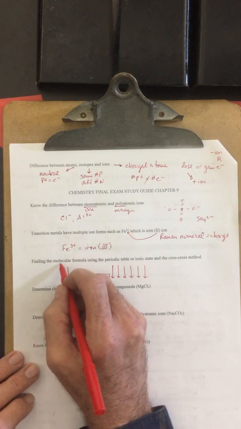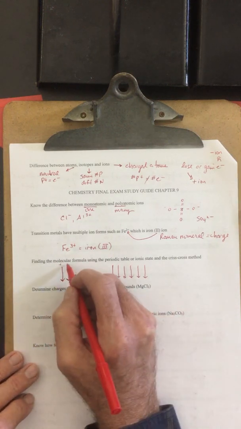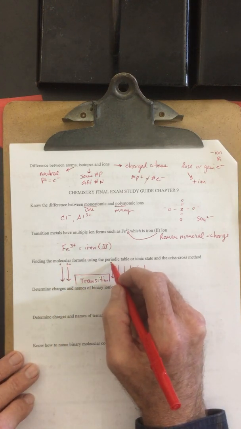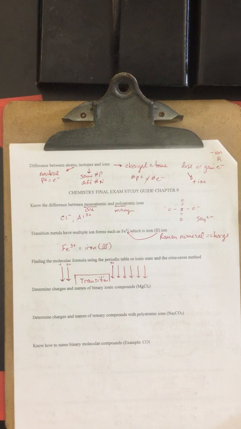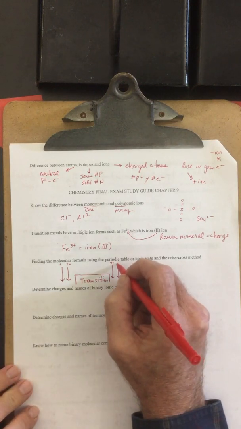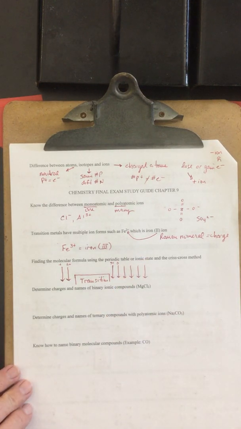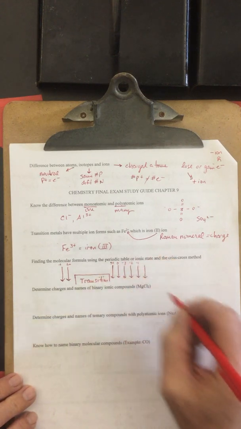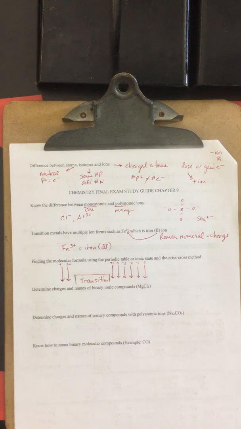Group 1 is positive 1, group 2 is plus 2, and group 3 is 3 plus. Group 4, for our sake, we've been knowing as being neutral. Then we get to the negative ions, typically negative 3, negative 2, negative 1, and 0.